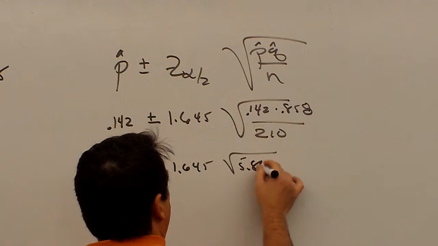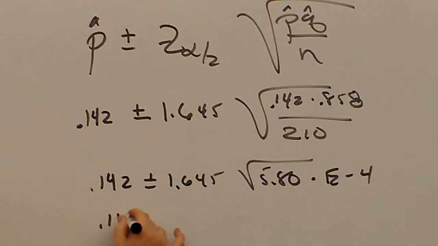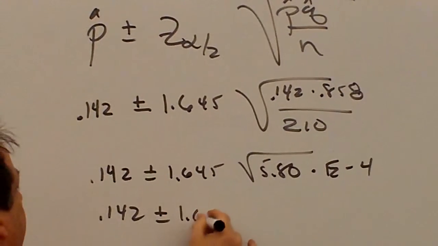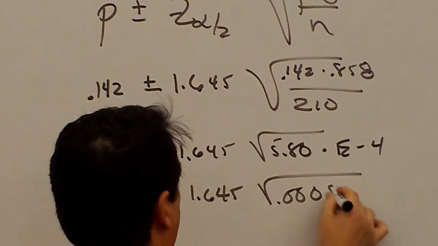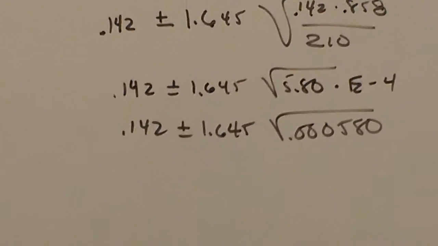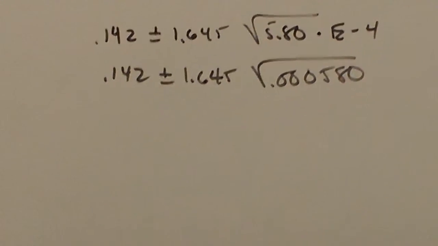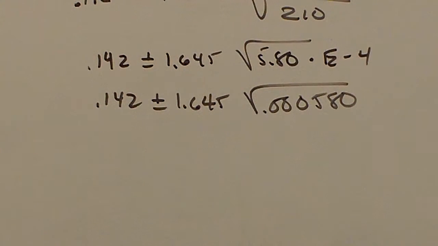It's 0.80 E minus 4. So that's 0.142 plus or minus 1.645 times the square root of 0.000580. Right? Now move that decimal point 4 places to the left. That puts 3 zeros in front.